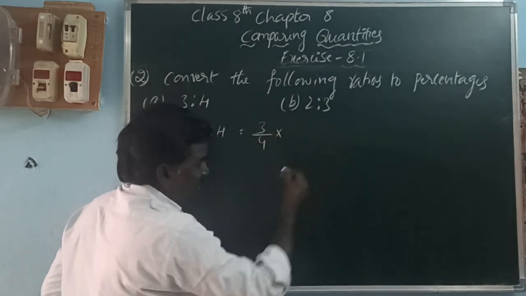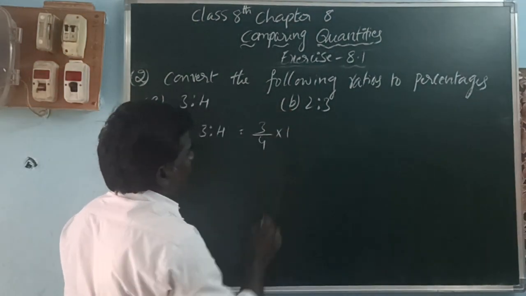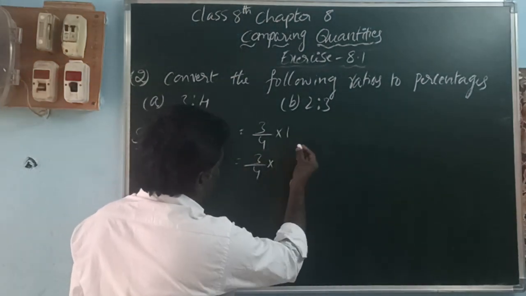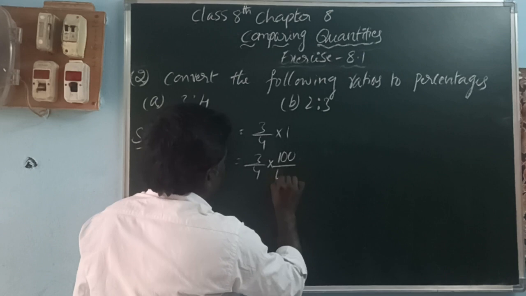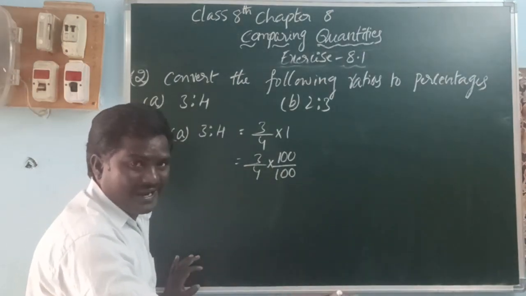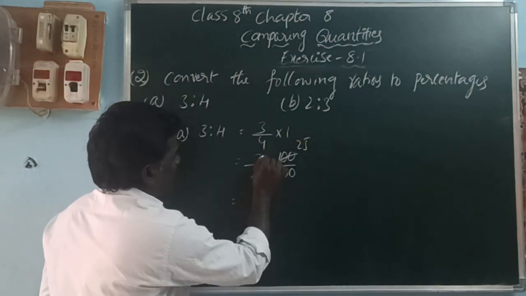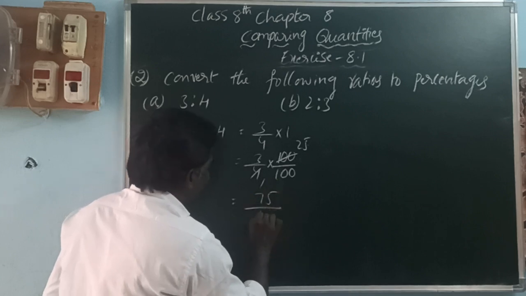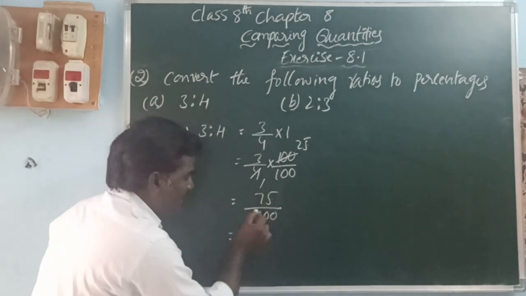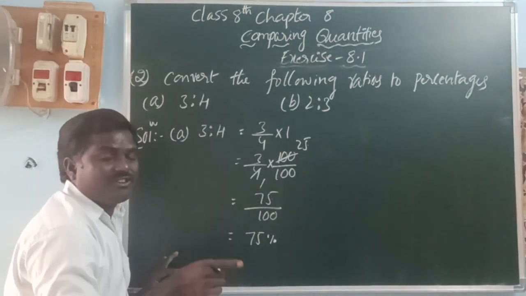To write it in percentage form, we write it as 3 by 4 into 1, and in the place of 1 I write 100 by 100, because they are asking to convert into percentage, and percentage means by 100. 4 ones are 4, 4 twenty-fives are 100, so 3 twenty-fives are 75 by 100, for every 100. That is equal to 75 percent.